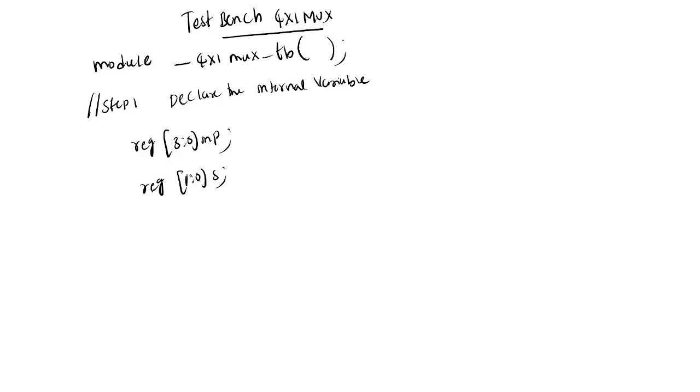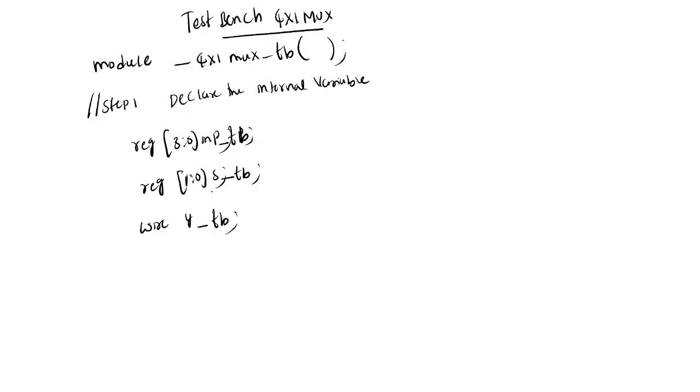Okay, and in order to differentiate the testbench signals, you can give inp underscore tb, s underscore tb, and here also y underscore tb.